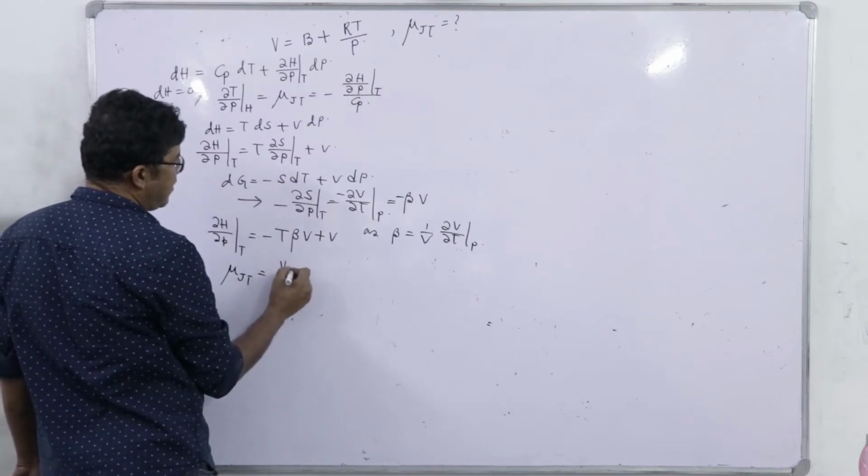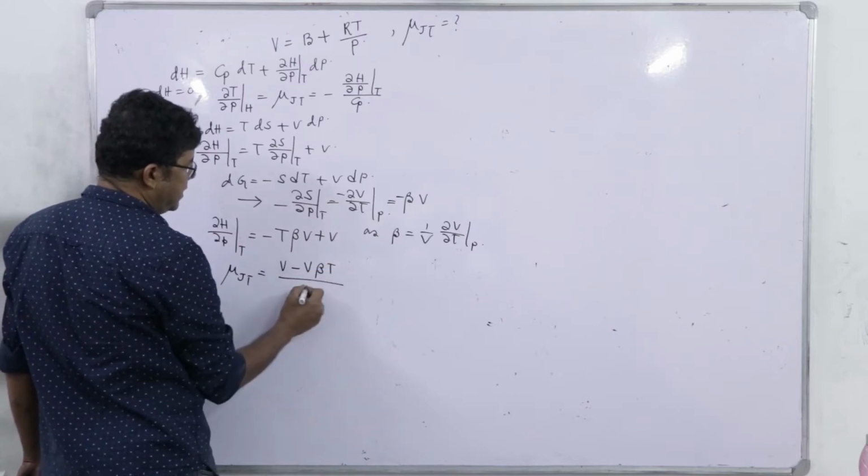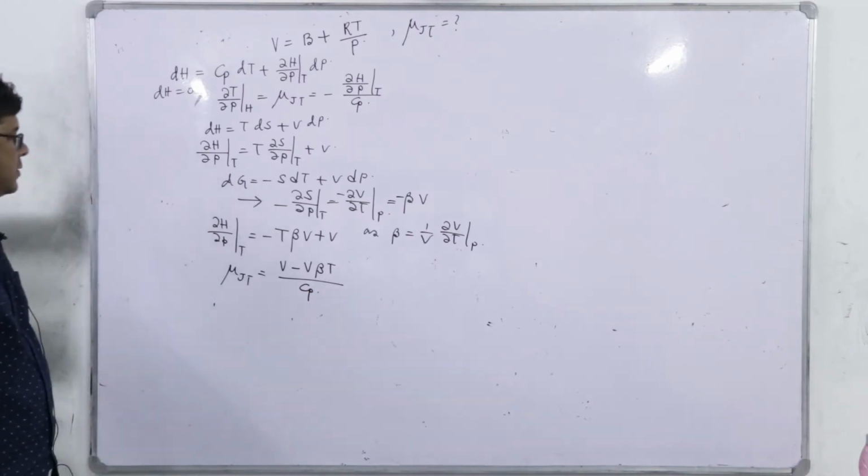So, V minus V beta T divided by Cp, right.